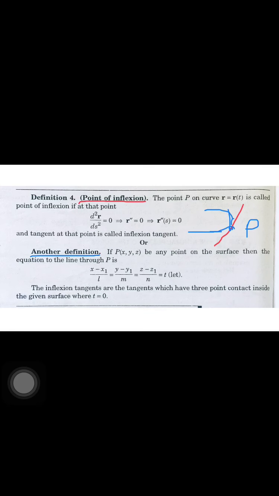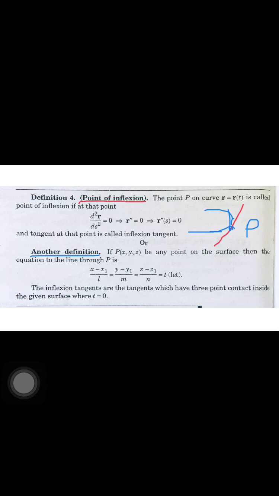Now we are going to the last definition, point of inflection. You have already studied point of inflection in first year or second year calculus.